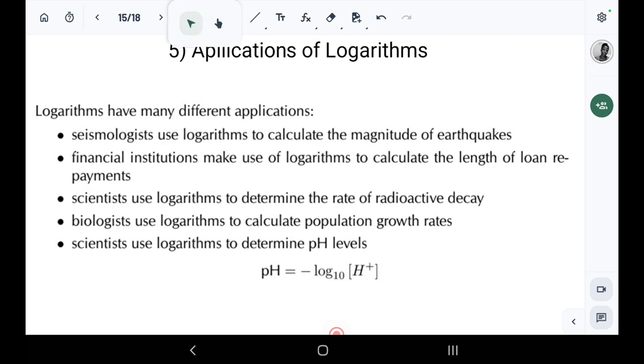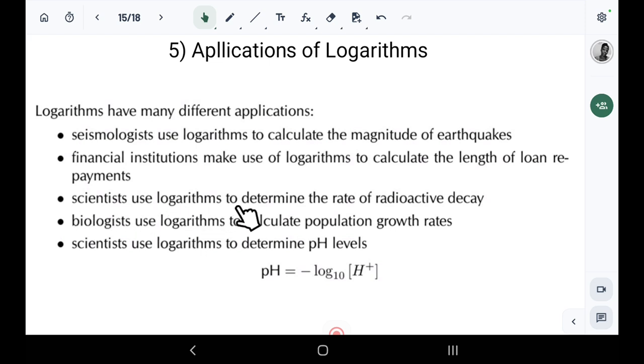Next, let's look at applications of logarithms. As promised at the beginning of the video, we're going to focus on 2 for illustration purposes in detail. However, let's look at all the many different applications of logarithms. First, seismologists use logarithms to calculate the magnitude of earthquakes. In financial institutions, they use logarithms to calculate the length of loan repayments, and we're going to use that as an example to illustrate.